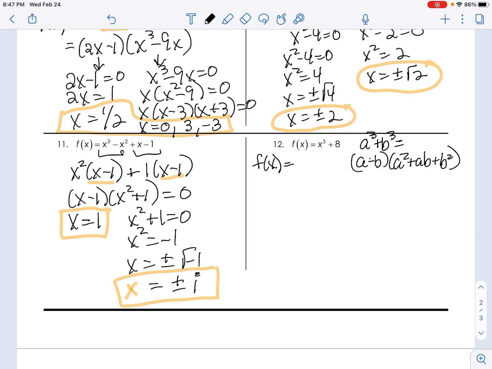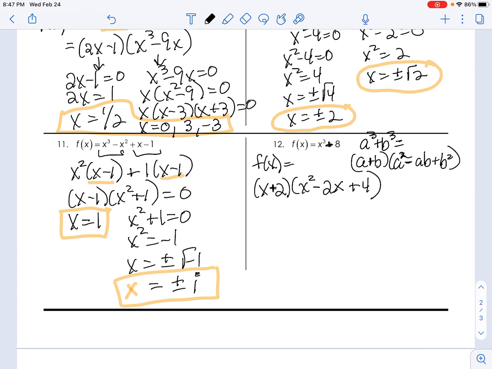Oh, actually, if it's plus, that's going to be a plus here and a minus there. All right? Have that written down somewhere in your preparation for the test. All right, so that's going to be x minus 2, x squared. No, not x minus, it's x plus, because this is a plus. x squared minus 2x plus 4.